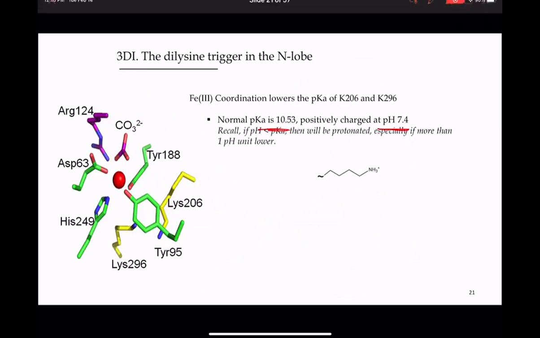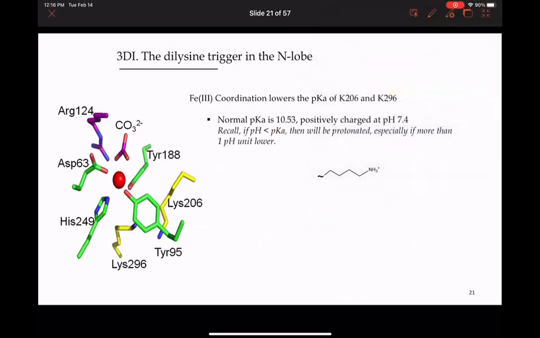Another thing that I want to remind us, and let's clear this up so you guys can see this. Think back to biochemistry when you were talking about whether a residue is going to be protonated or not. It depended on the pH relative to the pKa. So if your pH is below the pKa, that will indicate that your residue is going to be protonated. And it will be fully protonated if the pH is 1 unit lower than the pKa.